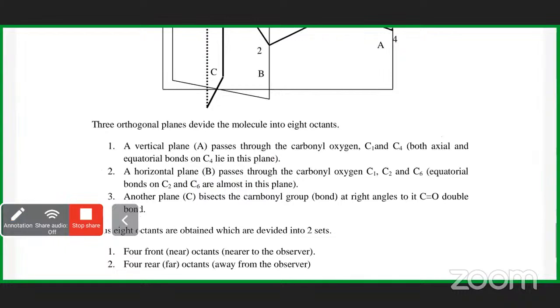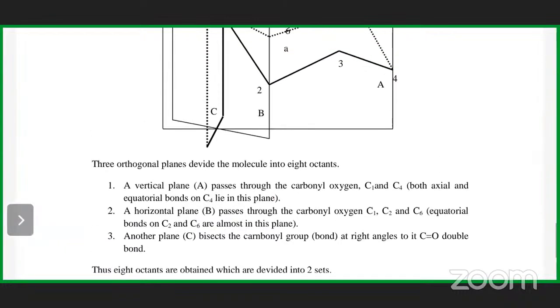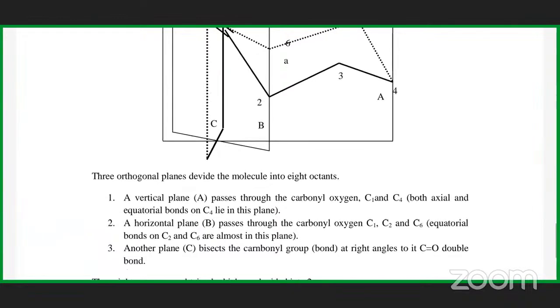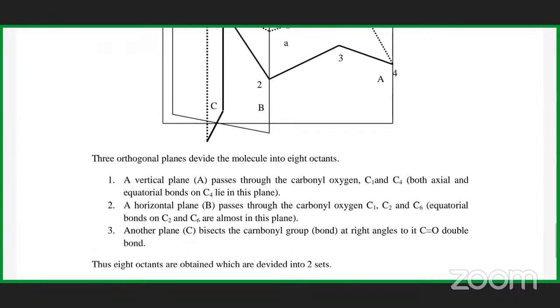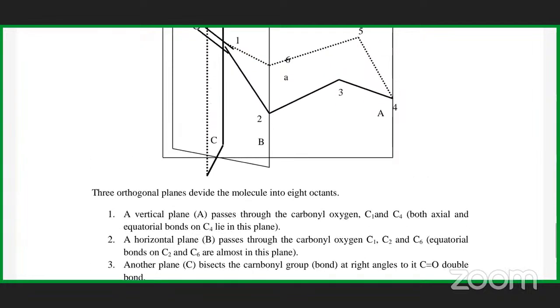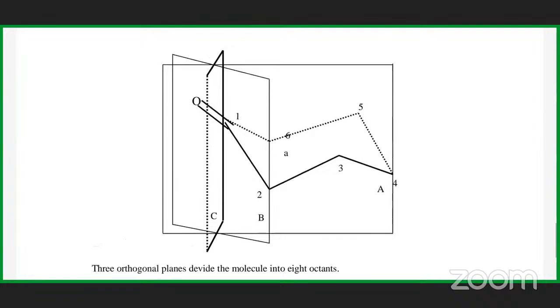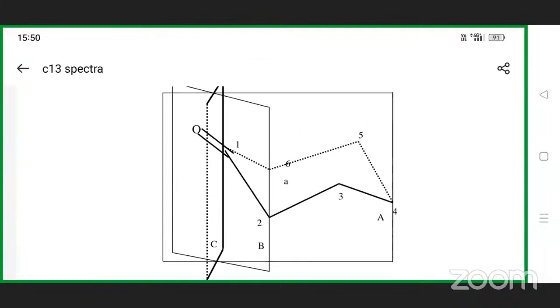Plane A passes through the carbonyl oxygen, C1 and C4, with both axial and equatorial bonds at C4. Plane B passes through the carbonyl oxygen, C1, C2, and C6.